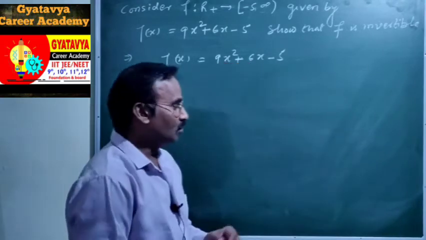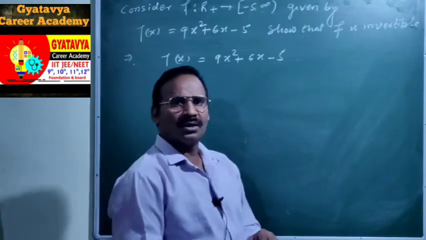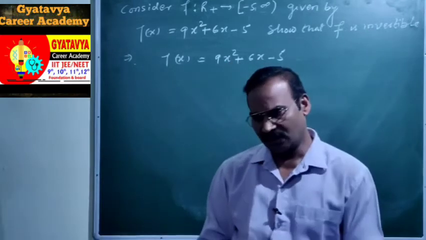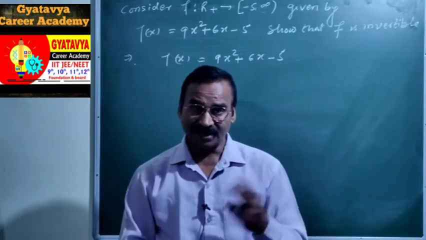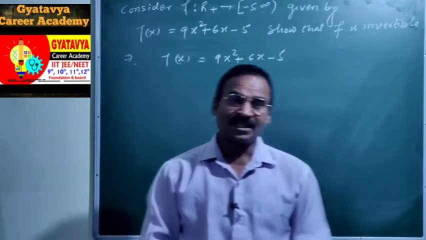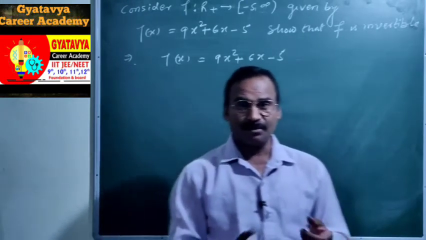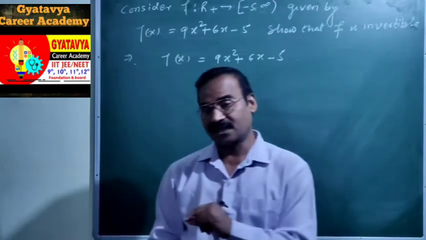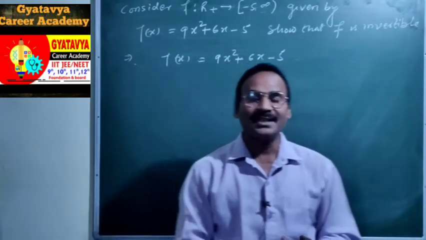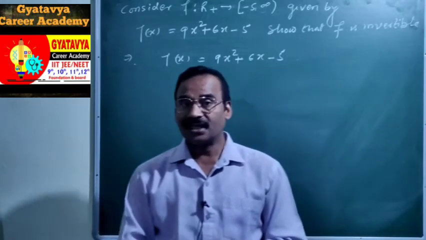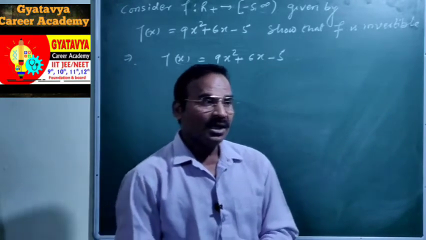So there are two ways to show the function is invertible. First, prove it is one-one and onto. Second, find the composite function of f(x) and g(x). What is f(x)? f(x) is given. What is g(x)? g(x) is the inverse function.